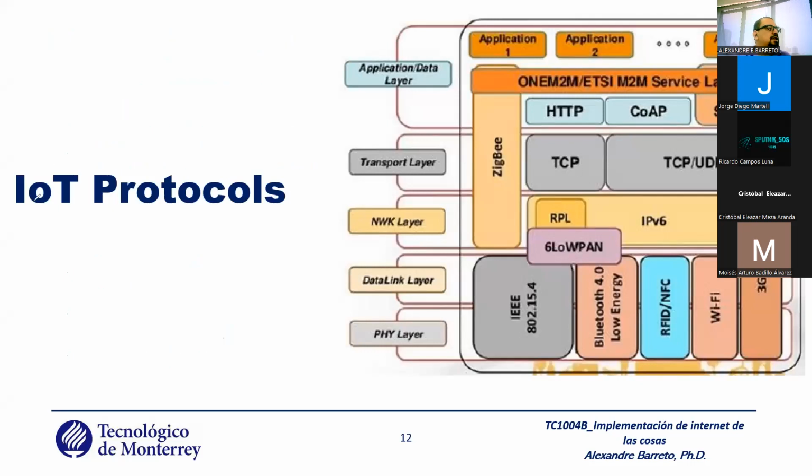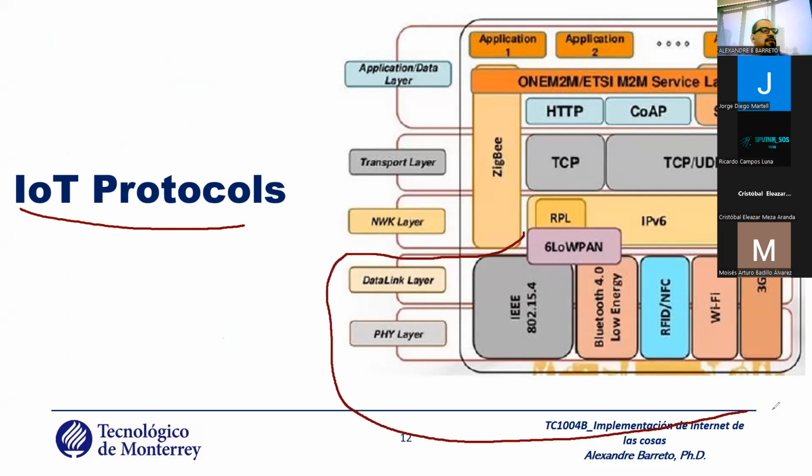Okay, when you see the IoT protocols in the ISO stack, again, as I told you before, you have 6LoWPAN, wireless, Wi-Fi, 3GPP. The 3GPP is the 4G, 5G, and IoT, Edge, okay? These protocols are in the data link and the physical layer.